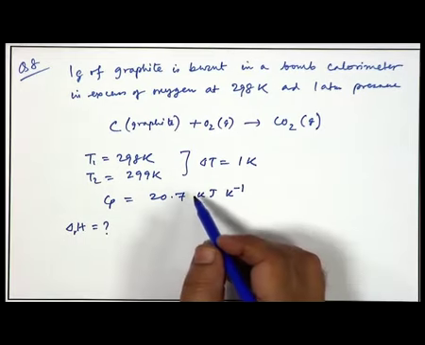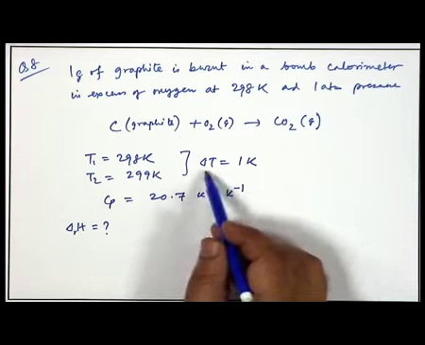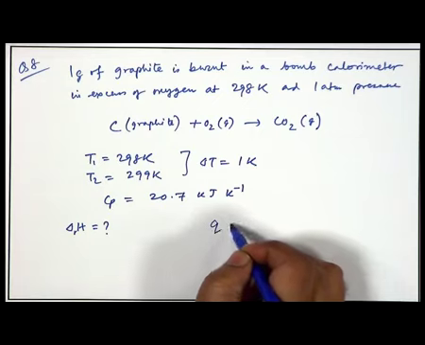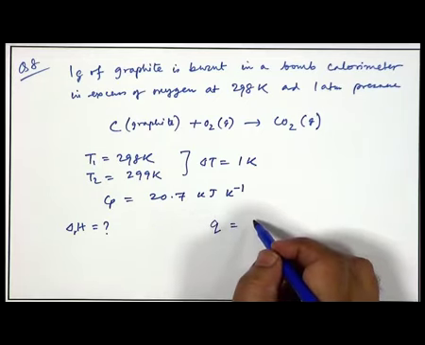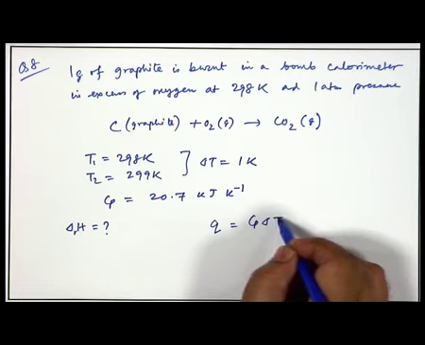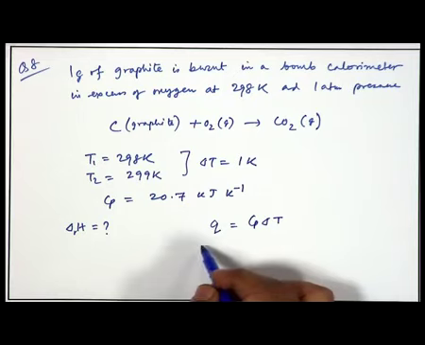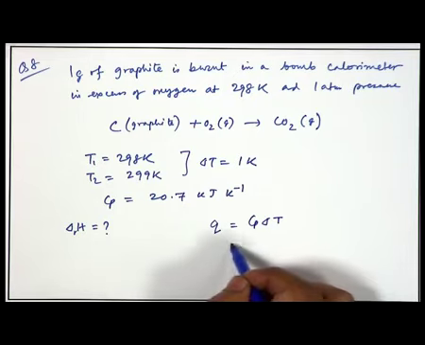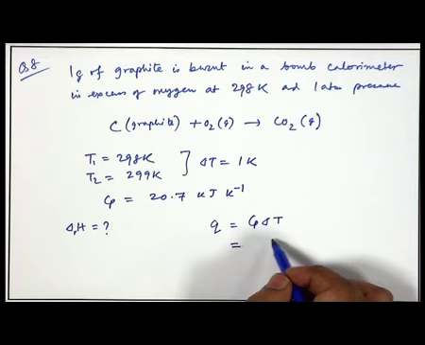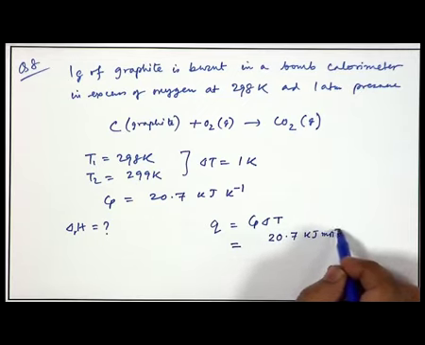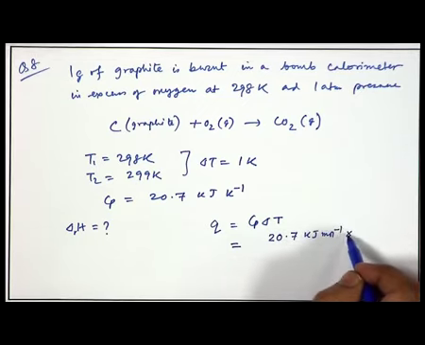So, it is given here. What is supplied? Delta T is supplied, Cp is supplied. So, we can get Q as Cp delta T, which is 20.7 kilojoule per Kelvin. Then you will convert into moles.